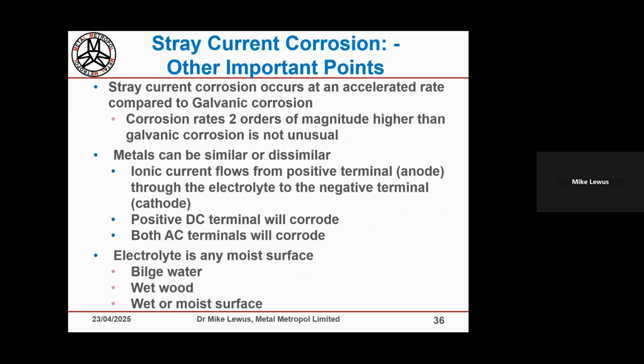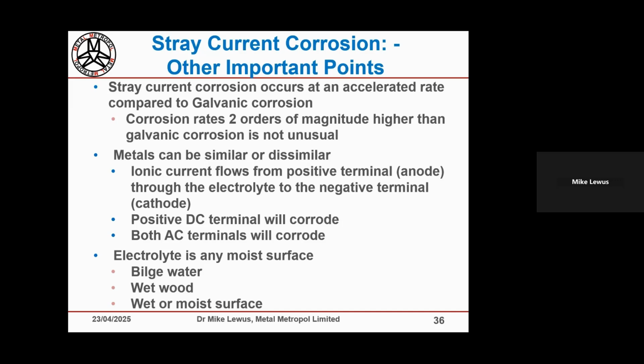So where does it occur? It can occur in bilge waters, quite uncommon, or wet wood, where there's a moist surface. Typically, if we're talking about DC stray current, it's the positive or anode part of the circuit that's going to corrode.